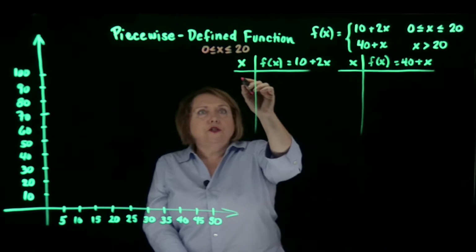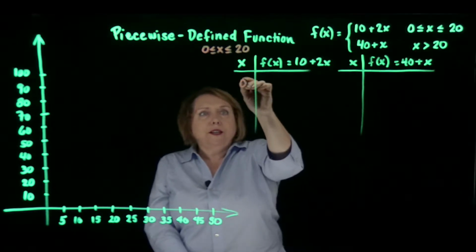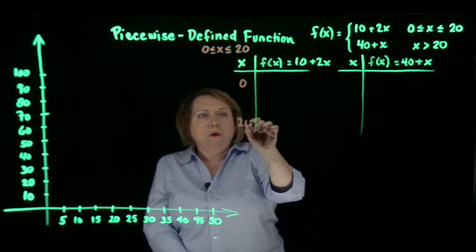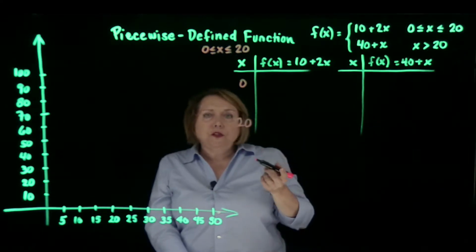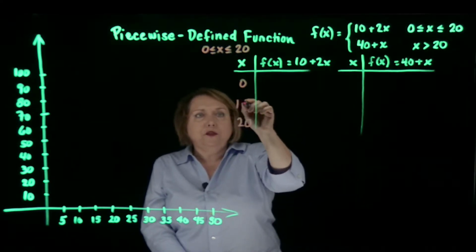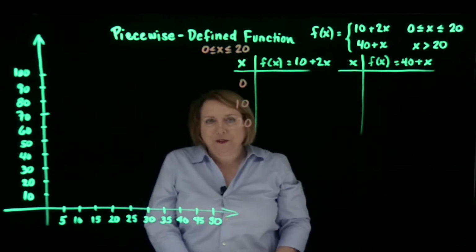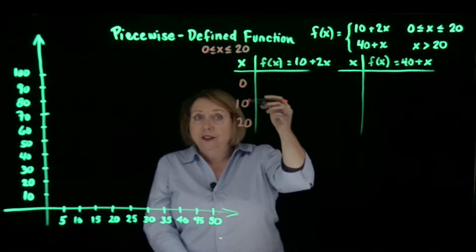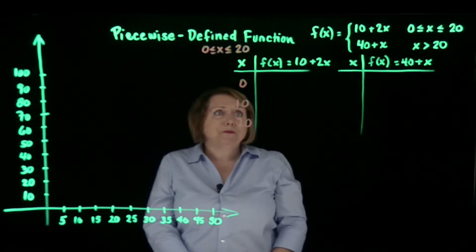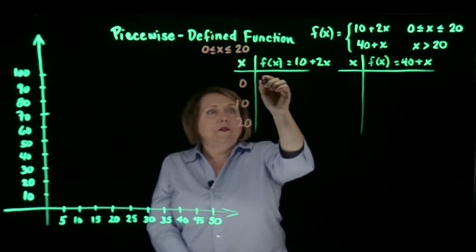So what I like to do is use the endpoints, 0 and 20, and I'll choose another value of x in between, and why not choose 10 right in between 0 and 20. But you could use anything between 0 and 20. And we're going to calculate f of x.